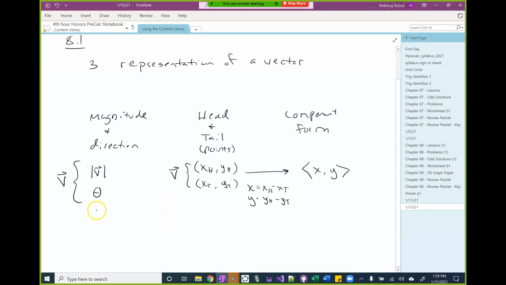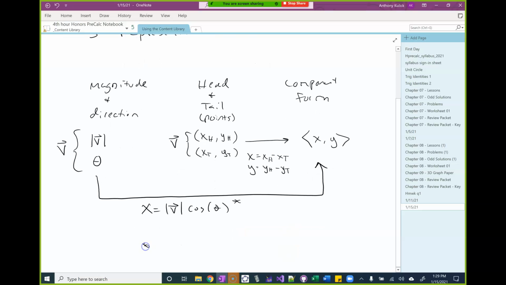So to go to component form then, x is going to be magnitude times cosine of theta, provided theta is a standard form angle.